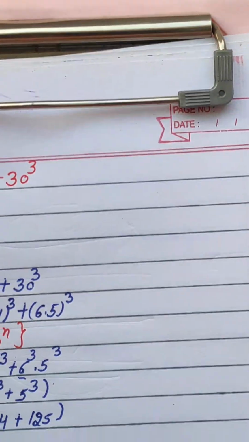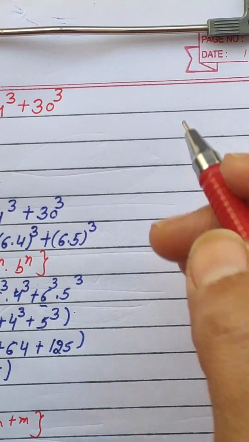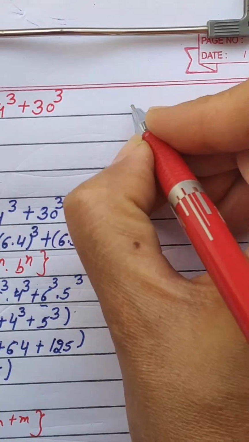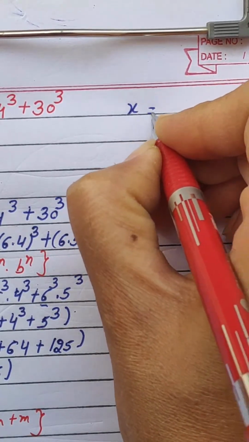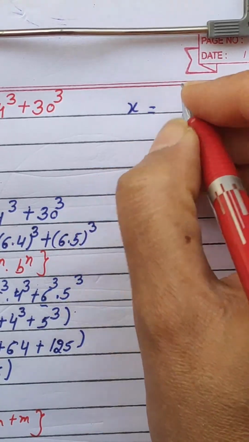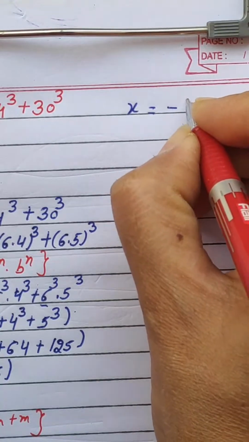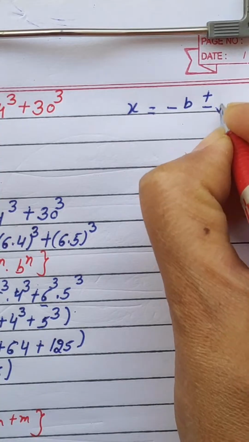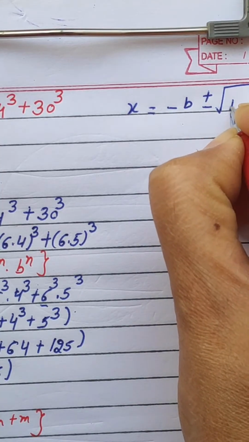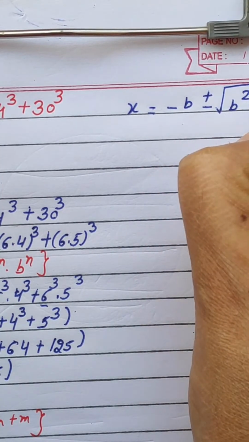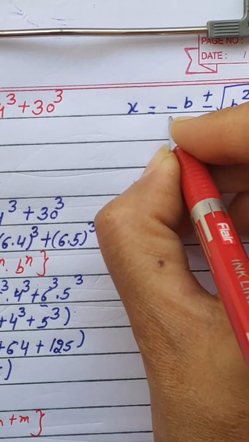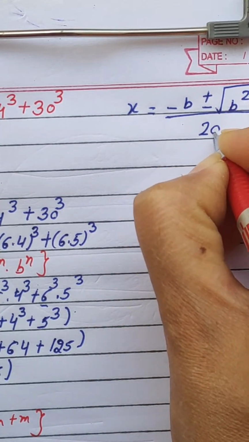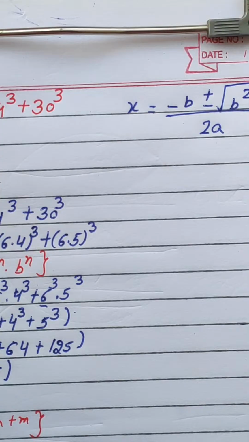Okay, so now we will do here. So our x is equal to minus b plus minus square root of b square minus 4ac upon 2a. This is the formula.